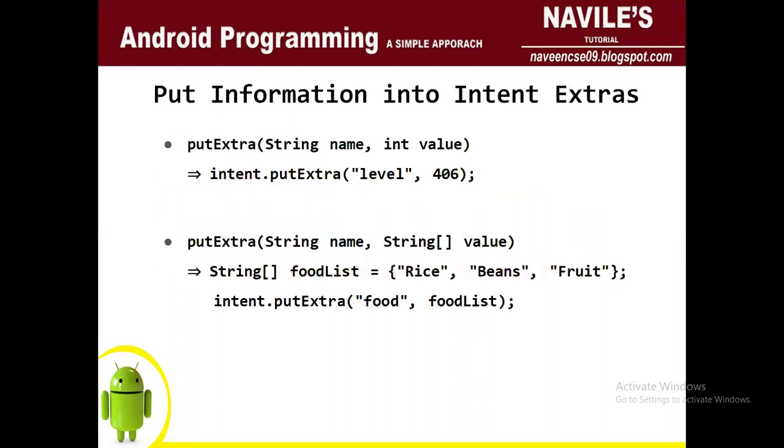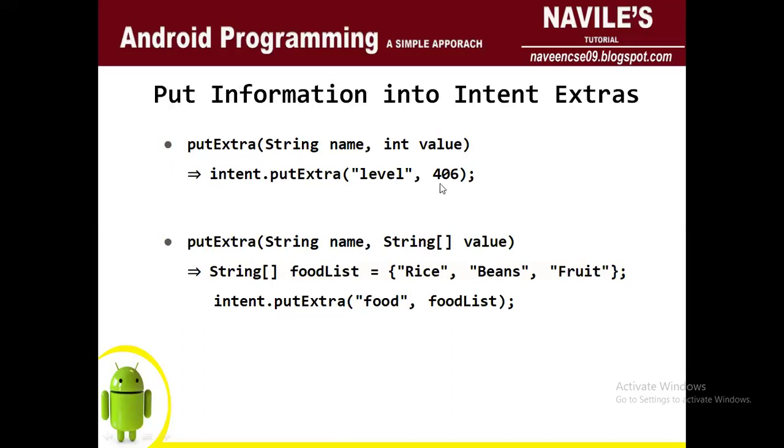Or there is one more way. You can put the information into intents as extras. For example, we have the putExtra method. This is a key-value pair, so the name and value. Through the intent object, we call the putExtra method and pass the name as well as the value.